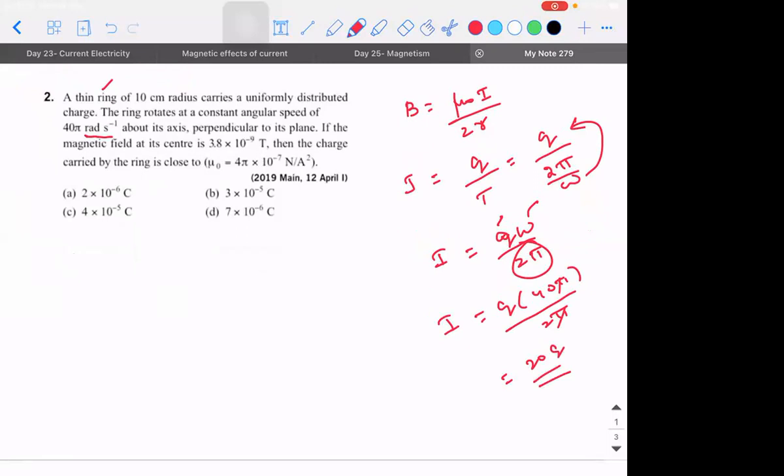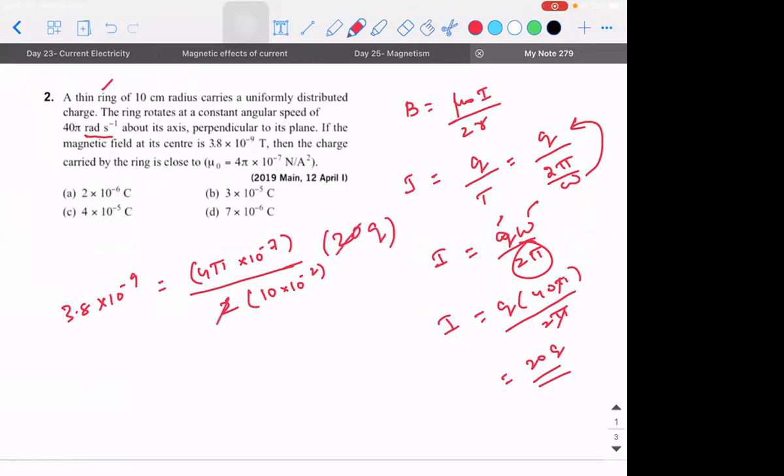Magnetic field is given. So 3.8 into 10 power minus 9 is equal to mu naught, which is 4 pi into 10 power minus 7, the whole divided by 2 into the radius, 10 centimeters, so 10 into 10 power minus 2, into I, which I write as 20 times q. The 10s get cancelled.